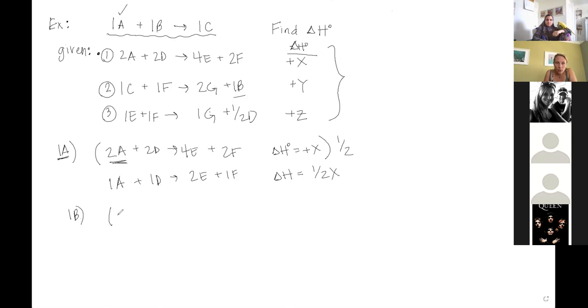So I have 1C plus 1F goes to 2G plus 1B with my delta H naught equal to positive Y. And I'm going to need to reverse this reaction to isolate my 1B on my left-hand side of the equation. So therefore, I would have 2G plus 1B goes to 1C plus 1F. And my delta H naught is going to be the reverse of positive Y, which is negative Y.